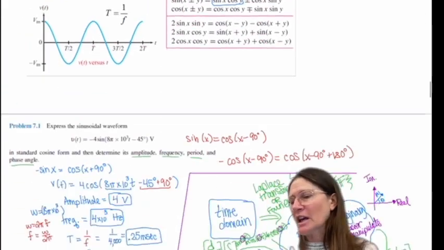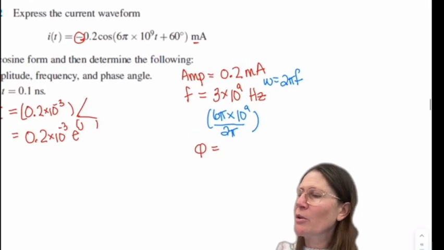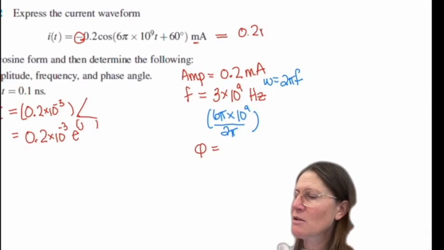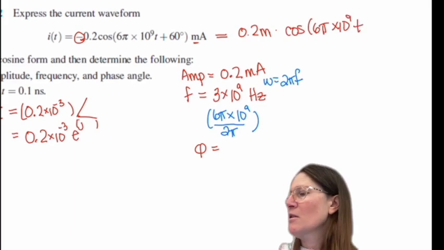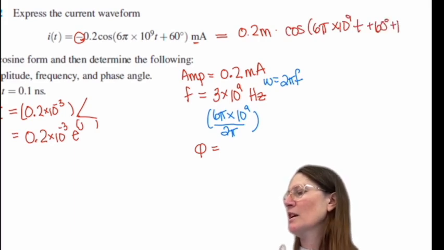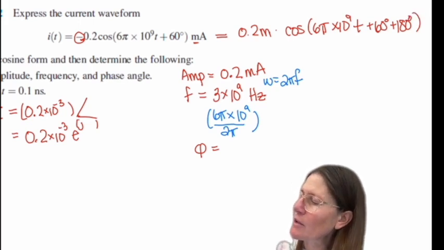So you have to bring in that negative, and that changes your phase. So this is actually written as 0.2 milli cosine 6 pi times 10 to the 9th t plus 60 plus 180. So 180 plus 60 is 240.